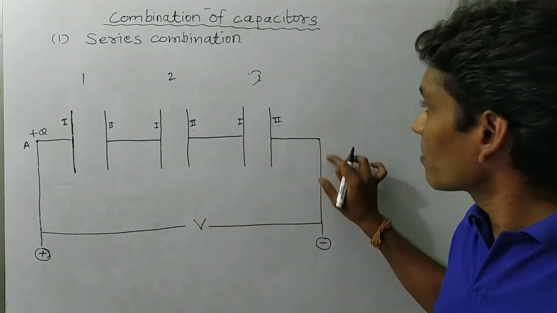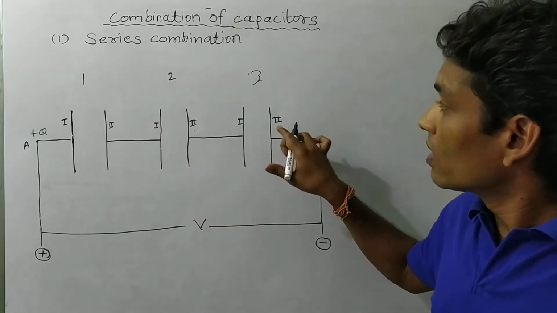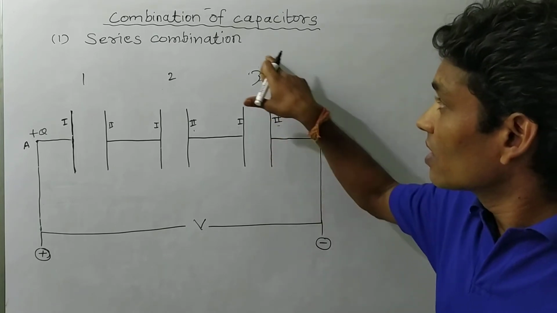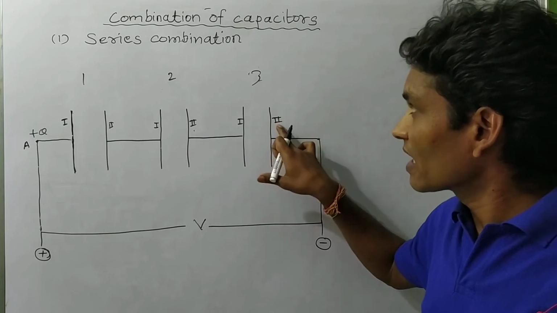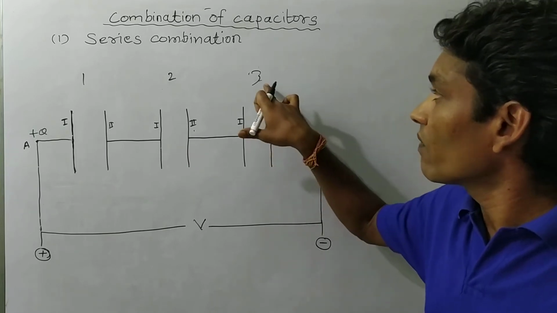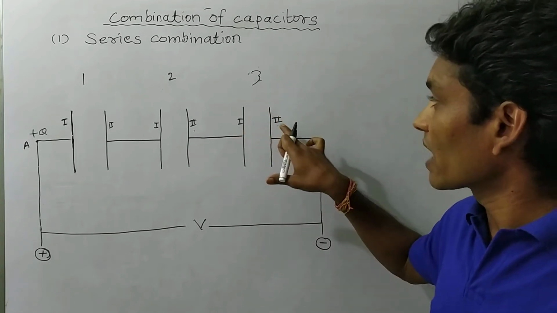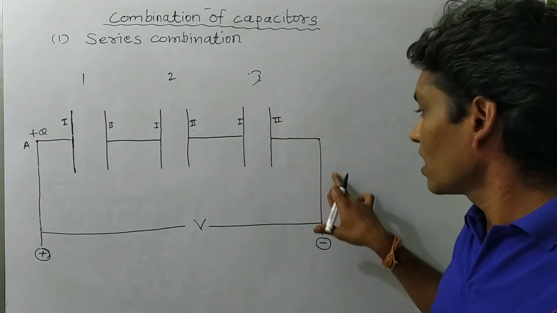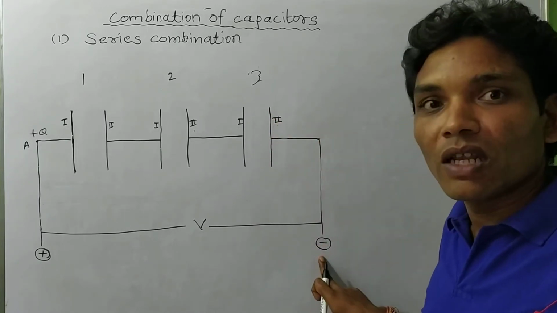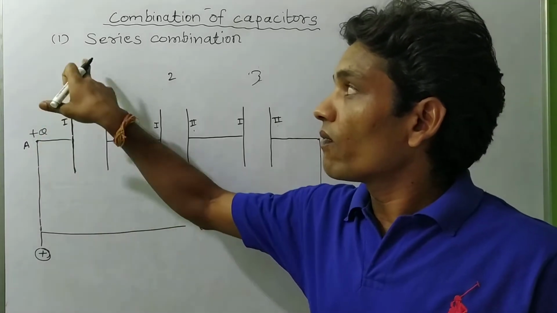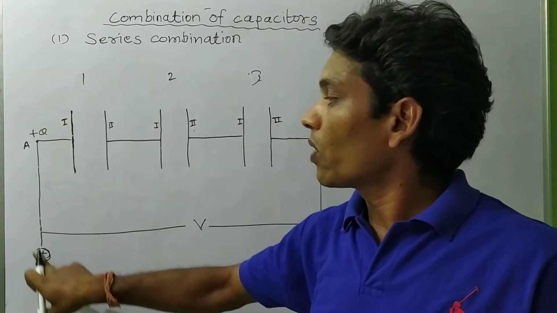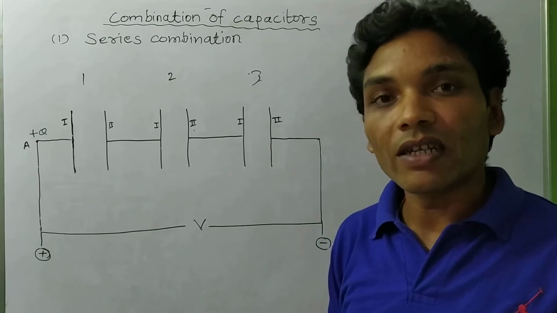So this is the last capacitor, and this is the second capacitor. The second plate of the last capacitor is connected to the negative terminal of the battery, and the first plate of the first capacitor is connected to the positive terminal of the battery.